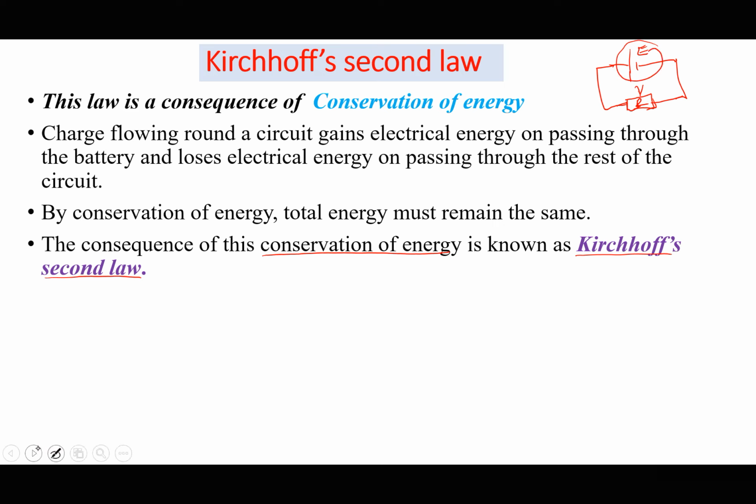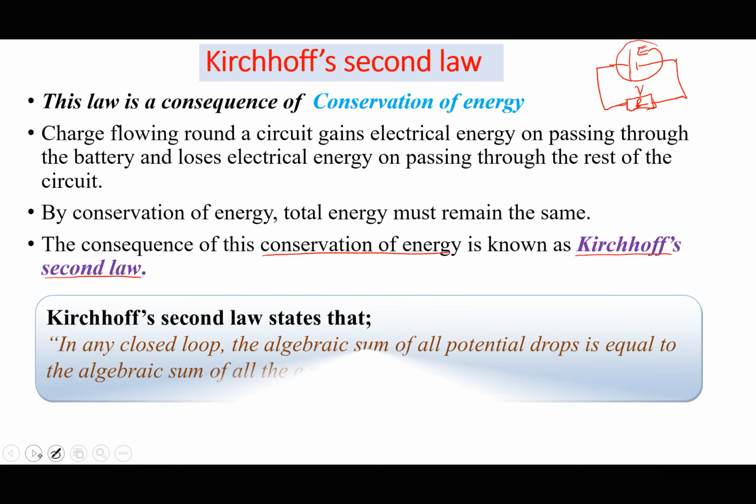So we can simply state Kirchhoff's second law as the algebraic sum of all potential drops, or PDs, is equal to the algebraic sum of all EMFs. The sum of EMFs is equal to the sum of PDs as long as the circuit is complete, or as long as we have a complete loop. So the loop must be closed, or the circuit must be closed. So there are 3 important things here.